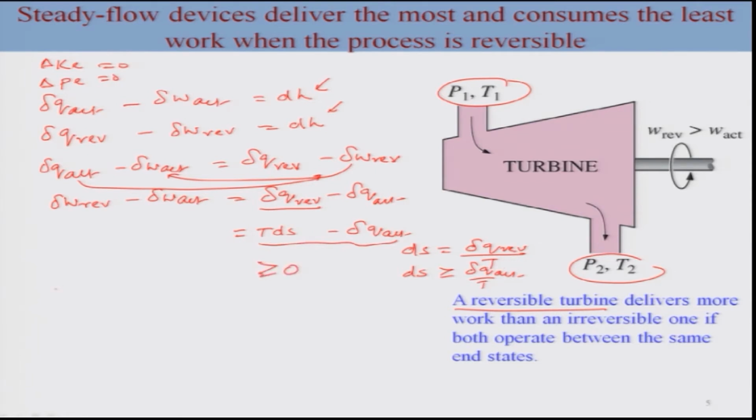So this clearly implies that your W reversible is greater than or equal to W for the case of actual.